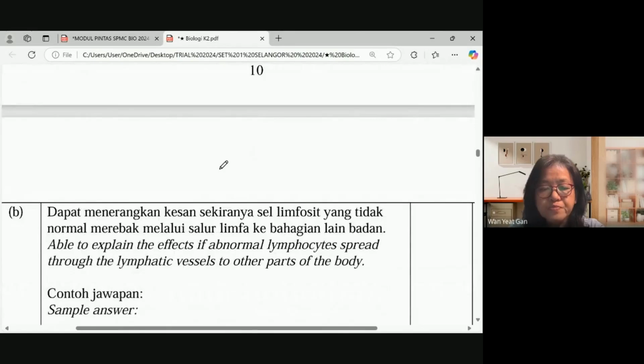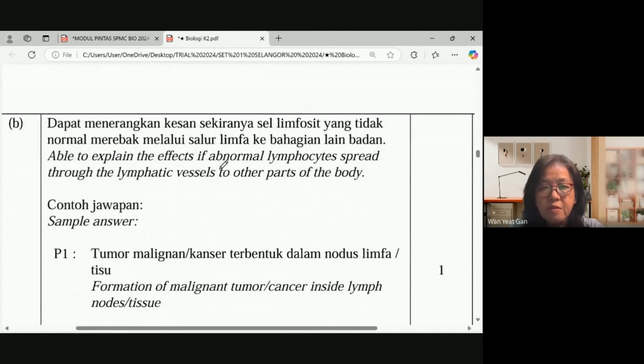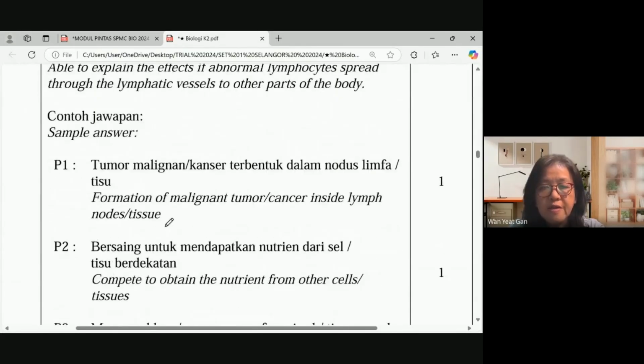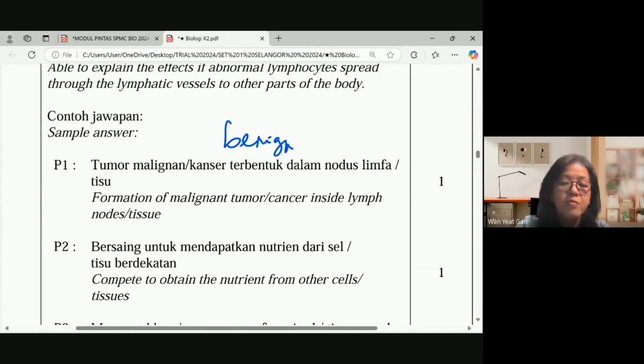Okay, so uncontrolled mitosis produces a tumor. If it doesn't spread, we call it a benign tumor. But since it's spreading, it is called a malignant tumor. A malignant tumor is very invasive.